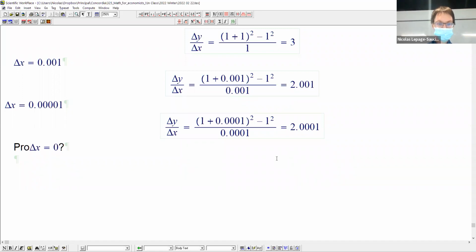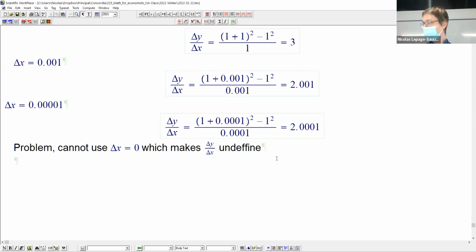Problem. Delta x equals 0 makes this condition fail.